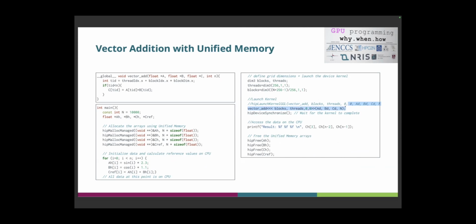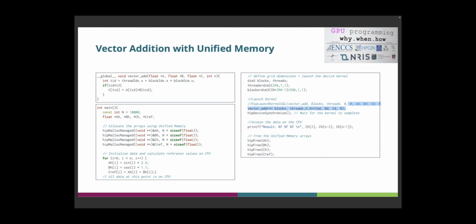Because the data is supposed to be processed on the GPU, it's going to be moved. So the pointer is going to somehow change its value, and all the data is going to be migrated to the GPU. And for the time when the data is used on the GPU, practically the GPU owns this data. So we have only one copy of the data at a time.